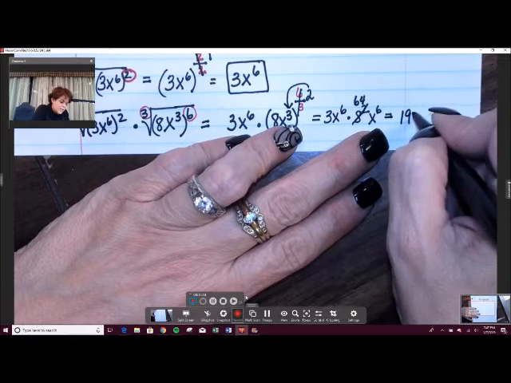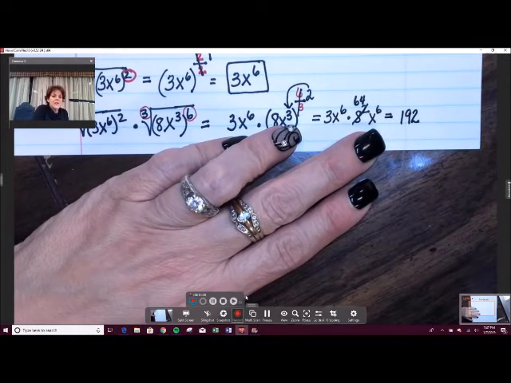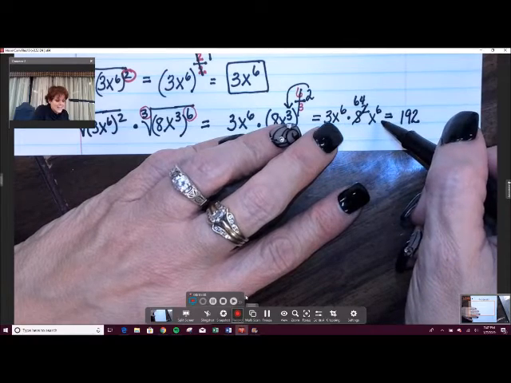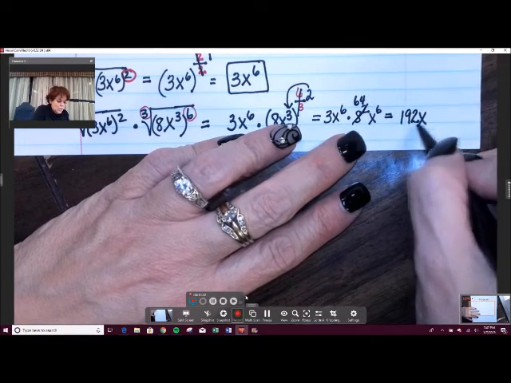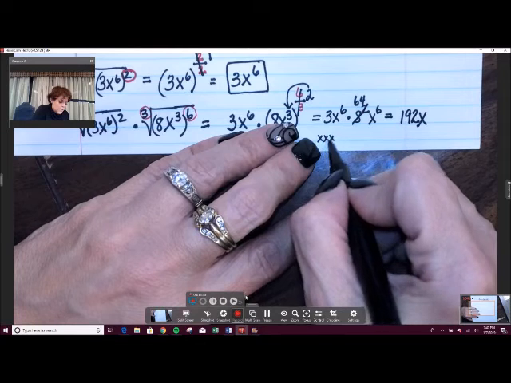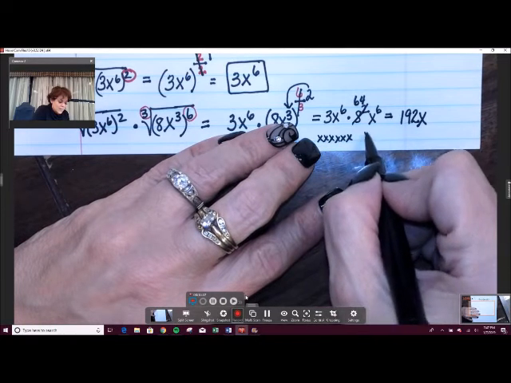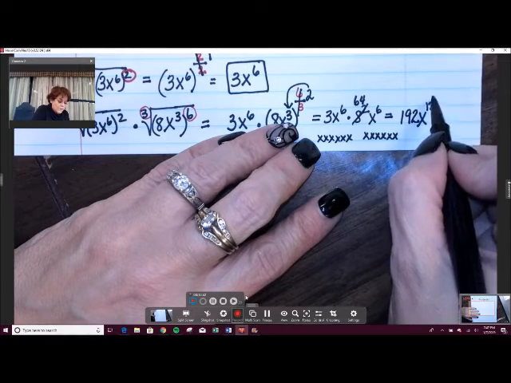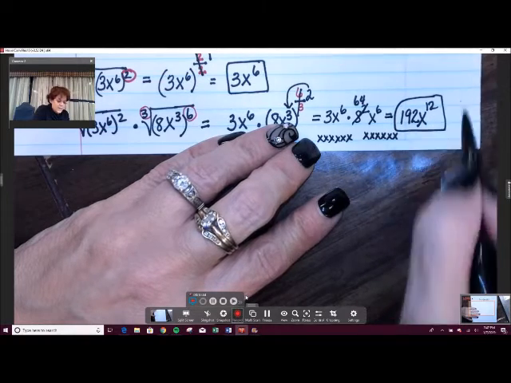I have a little cheat sheet over here that already had it multiplied, 192. 6 x's here and 6 x's here. How many x's is that total? 1, 2, 3, 4, 5, 6. 1, 2, 3, 4, 5, 6. That would be 12. And there it is.